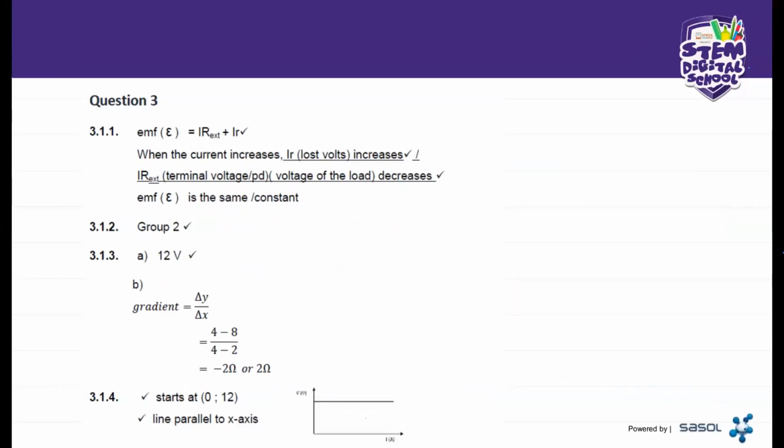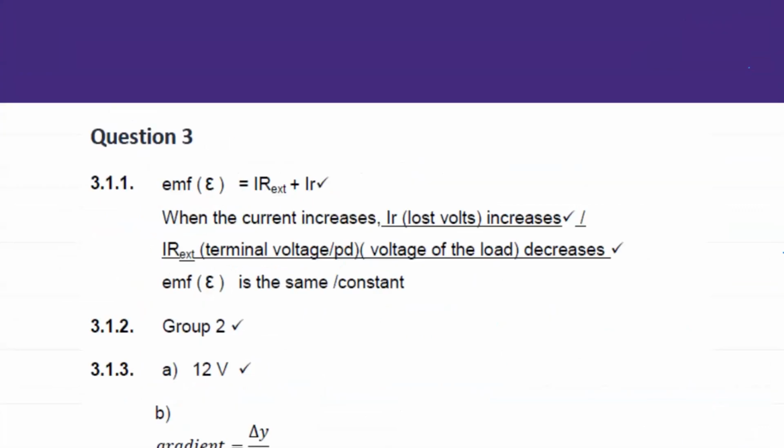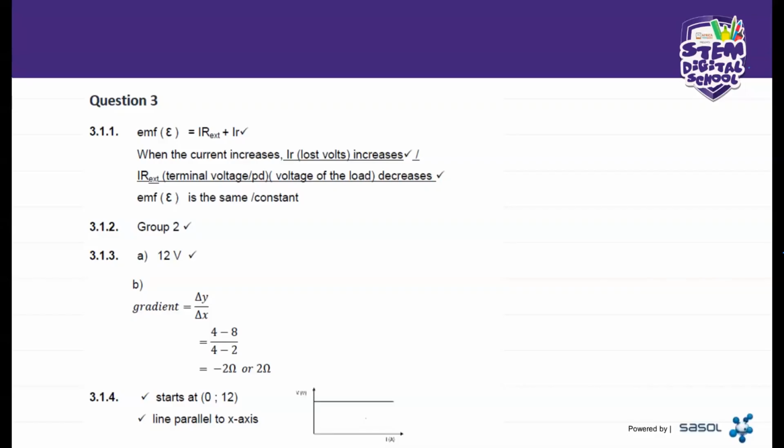So when the current increases, IR or loss volts increases, okay? As you can see, it's according to this formula that is here. So the terminal potential difference will also decrease. So you can just write down that formula of EMF and it will be able to explain how, just by writing it there.